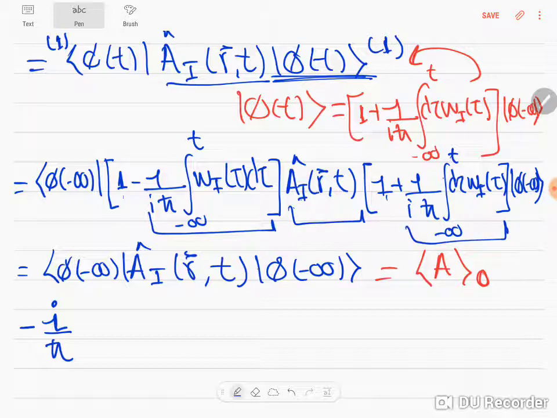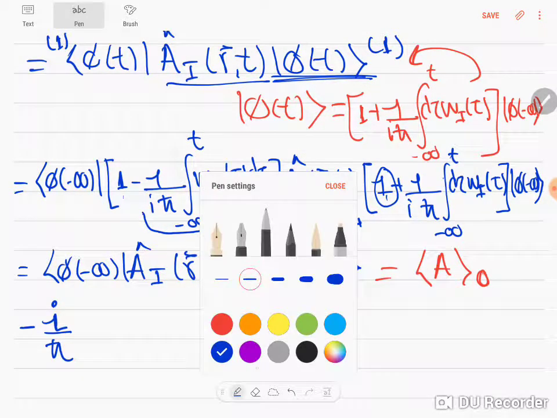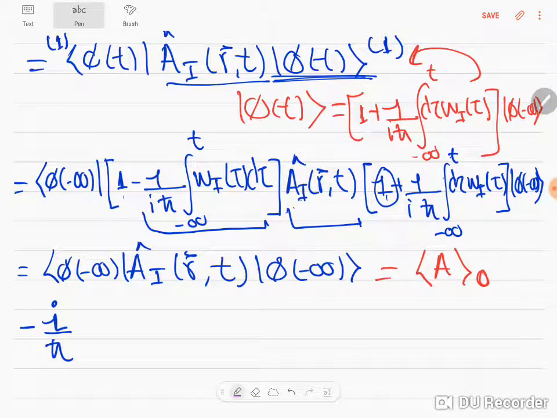Instead, I multiply this term by A_I by this 1, and on the other hand I multiply this term by A_I by this 1 here. So I have the sum of two linear terms in the perturbation.